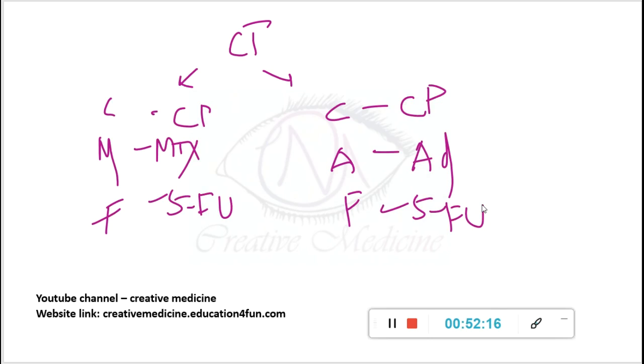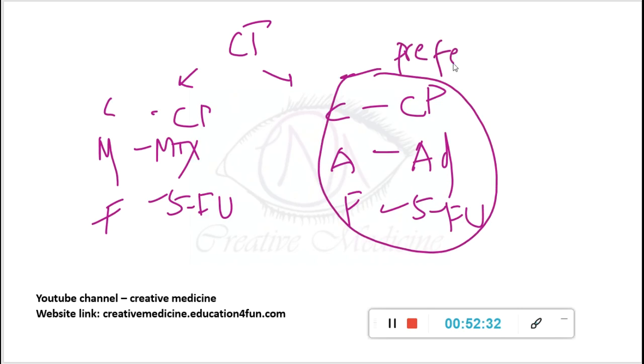The CAF regimen is preferred when compared to the CMF regimen.